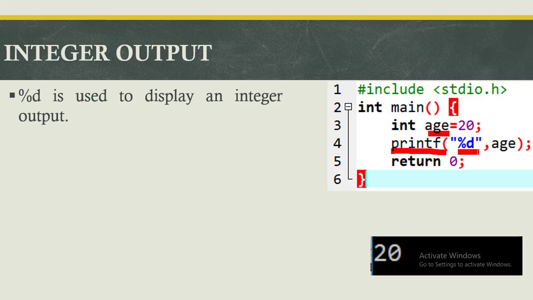In this case, we are reminding our compiler that what we are going to display is an integer value. So you provide first the format specifier within the double quotes, then you put a comma and provide your variable name, and that is going to display the value 20. Take note that %d is used to inform our compiler that we want to display an integer output.